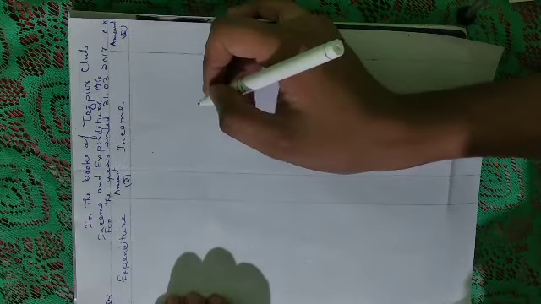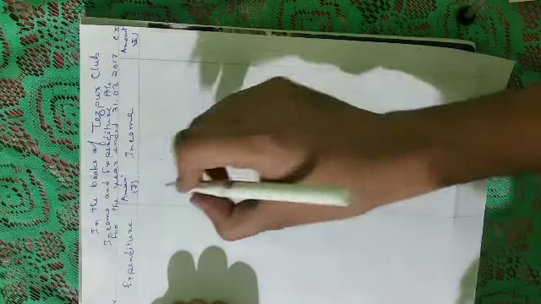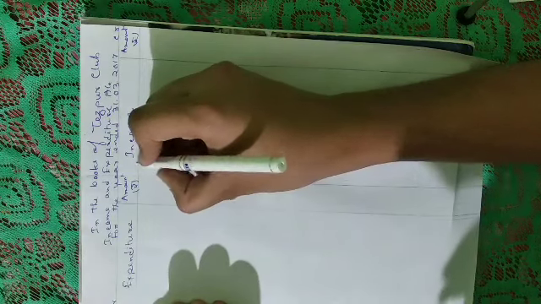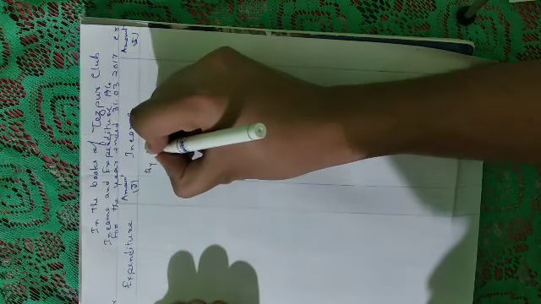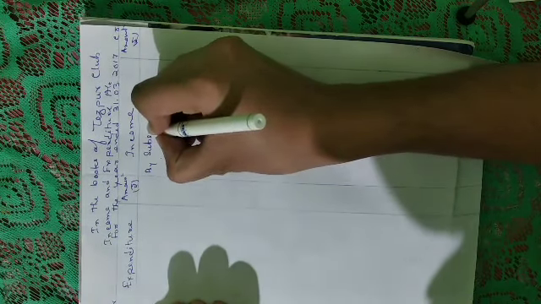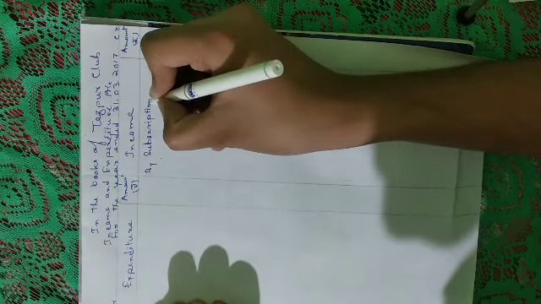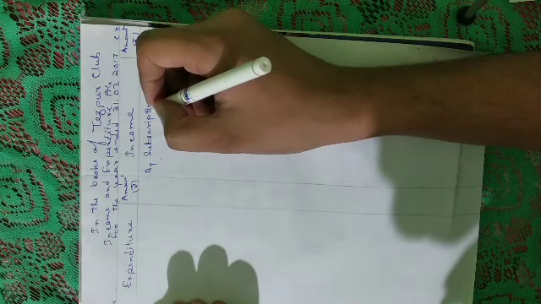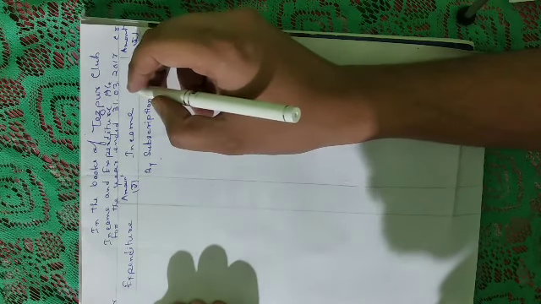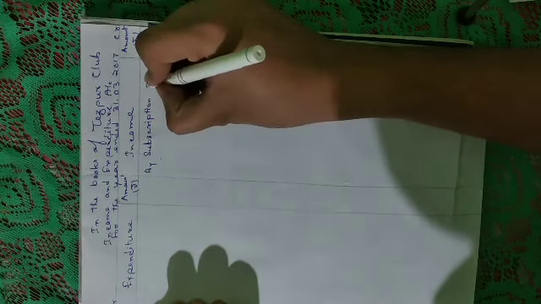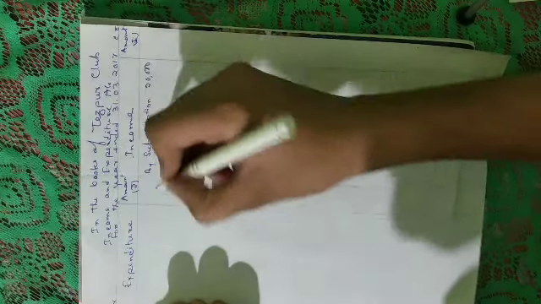As I told earlier, first we have to write the subscription. By subscription, the subscription receipt is rupees 20,000.